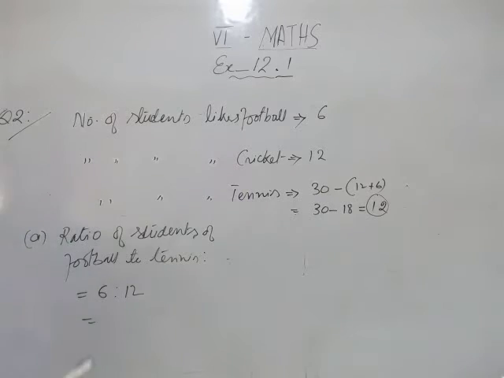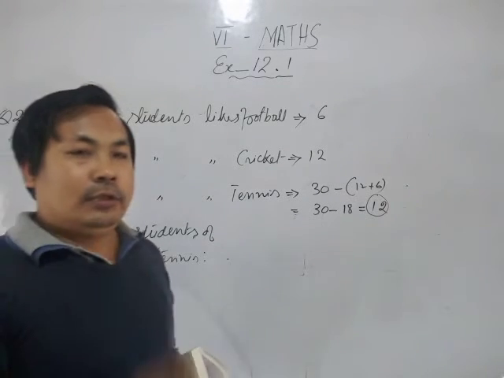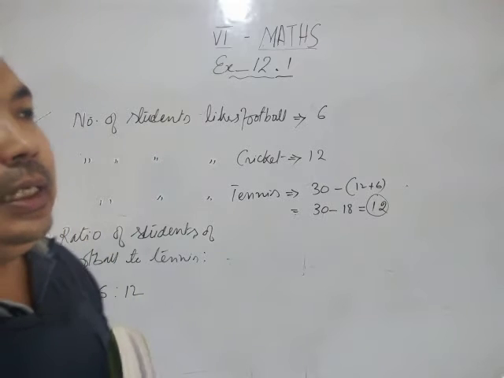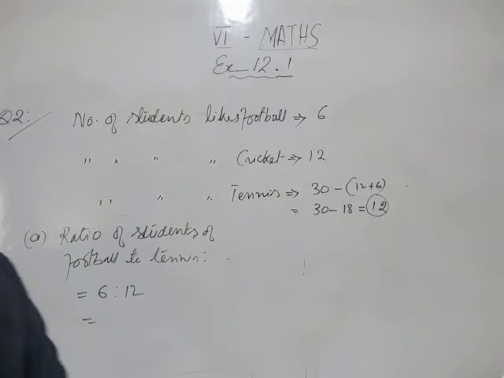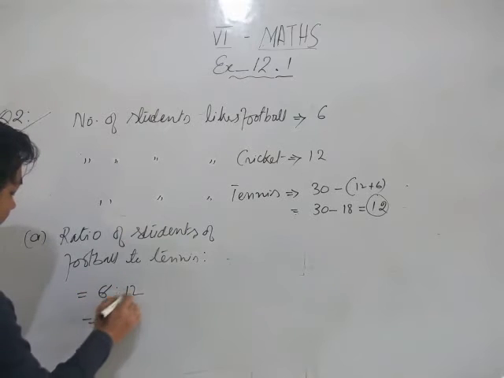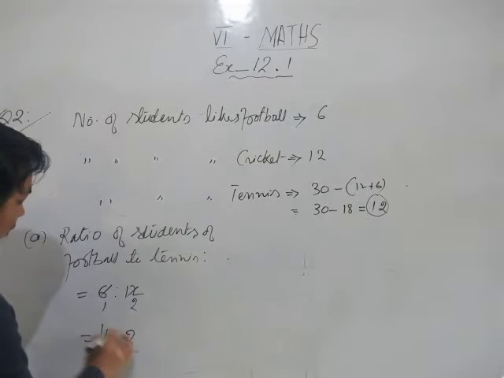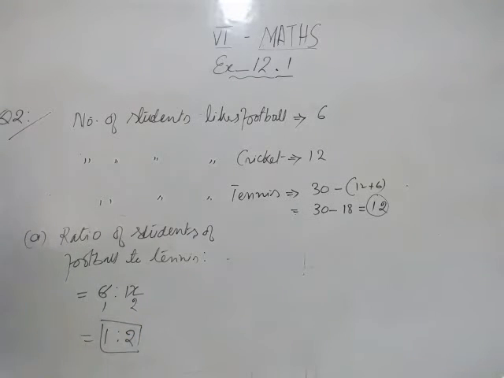So 6 to 12 is the ratio of the students who like football and the students who like tennis. These two terms have one common factor that can divide both, and that is 6. So the ratio is now 1 is to 2. So 1 is to 2 is the ratio of the number of students who like football and the number of students who like tennis, isn't it?